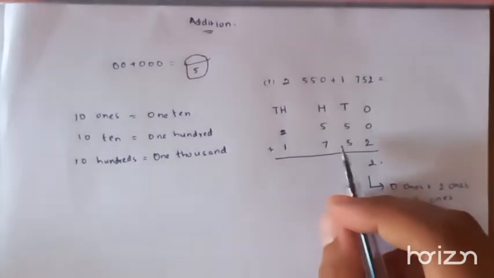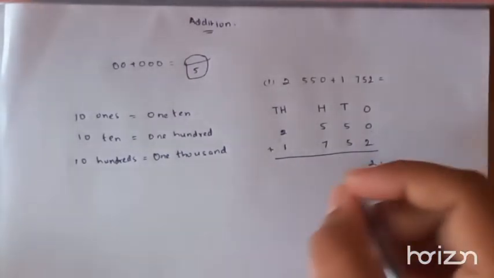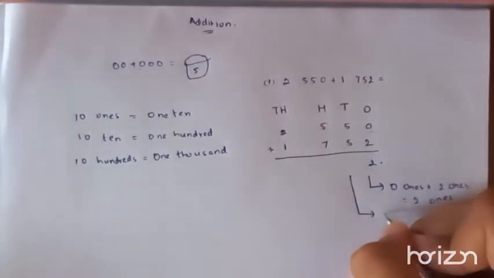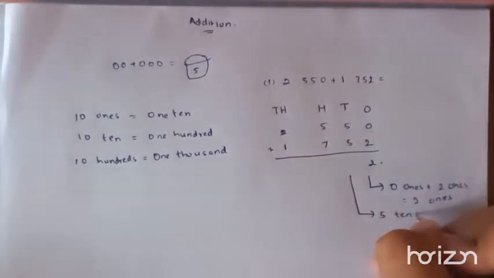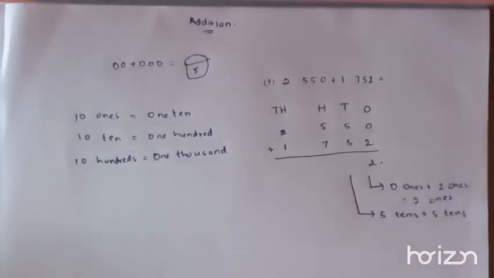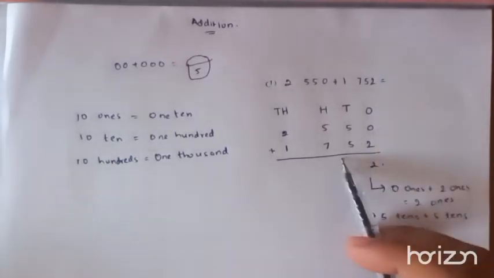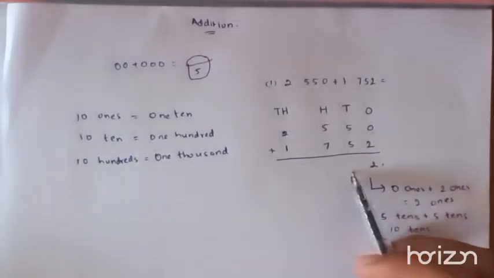And now next we have 5 tens. So now we are going to add 5 tens and 5 tens together. When you add 5 tens and 5 tens, we realize that we have 10 tens in total. We can't write a 2-digit number in one place value column.